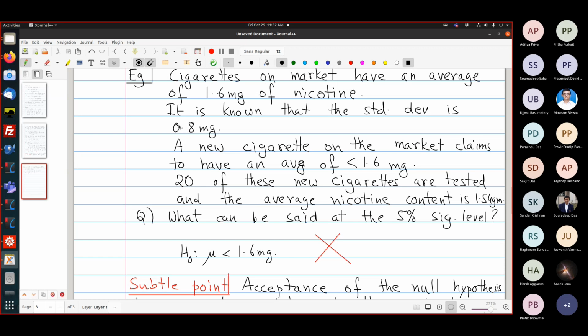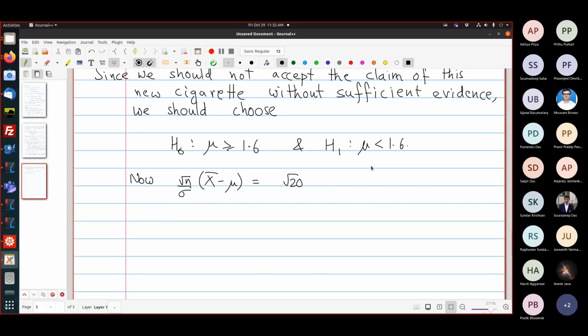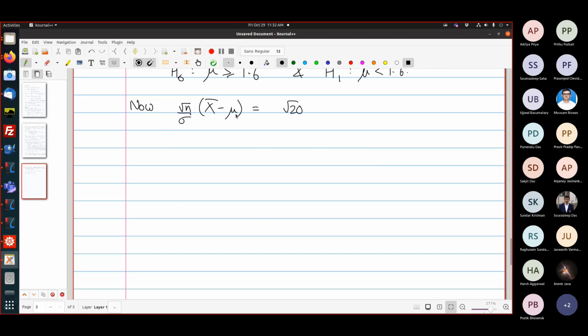Standard deviation sigma is 0.8, and x bar is 1.54 and mu naught is 1.6. So 1.54 minus 1.6 over 0.8, and this turns out to be approximately minus 0.336. Okay.